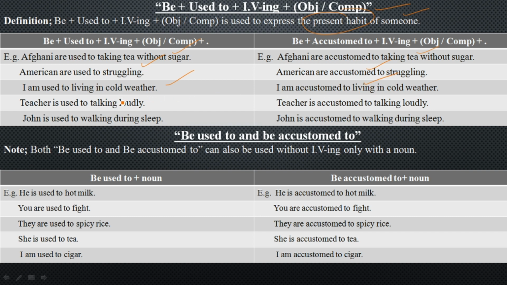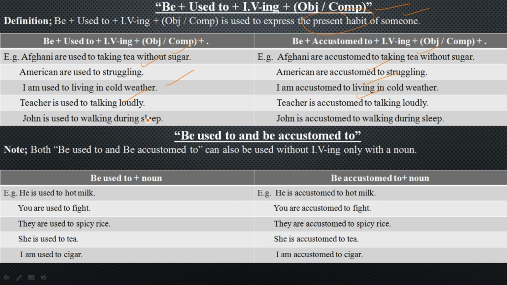Teacher is used to talking loudly, because it is the profession of a teacher that he or she speaks loudly. And it can be giving the meaning of accustomed to. Teacher is accustomed to talking loudly.